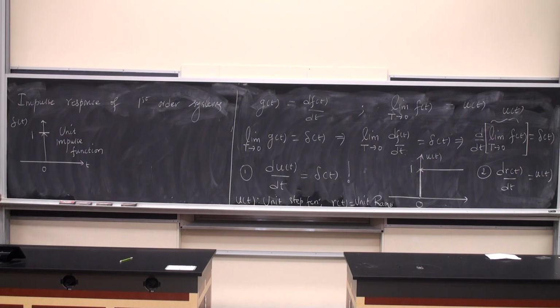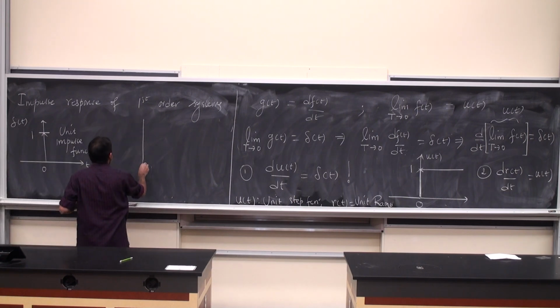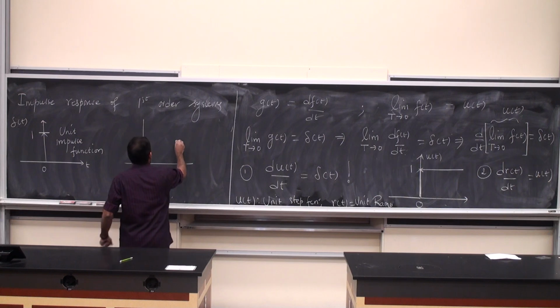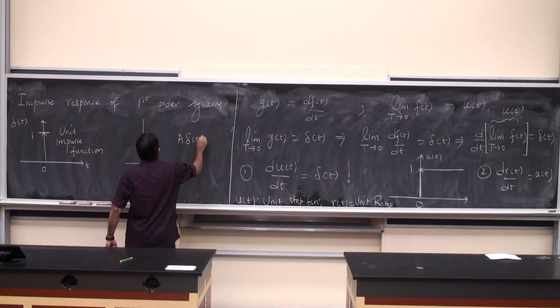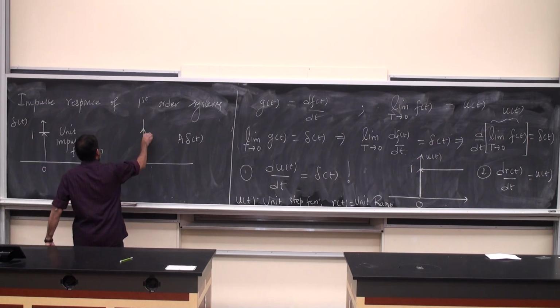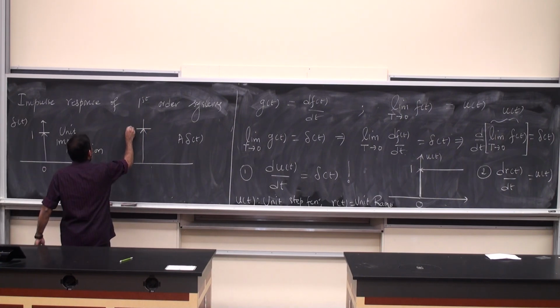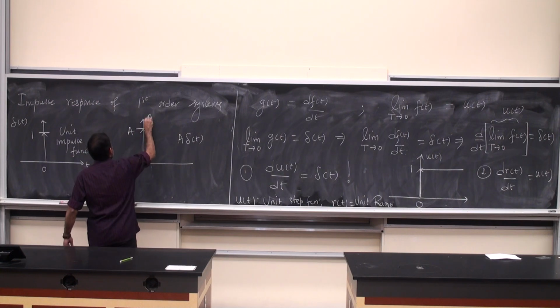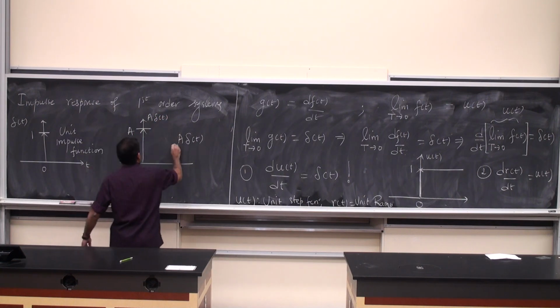I can, on the other hand, have something called a scaled impulse function. Multiplied by a constant A, which means that essentially its area is no longer 1, but its area is equal to capital A. Okay? So this is a scaled impulse function. This is A times delta of t.